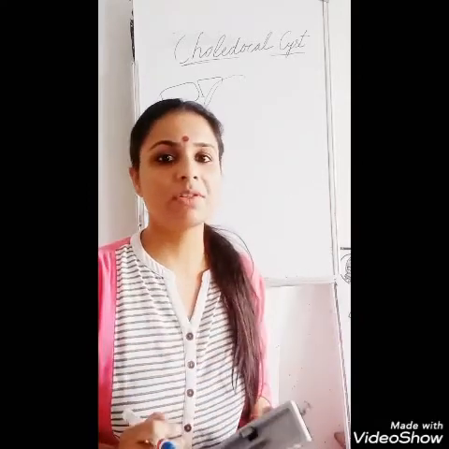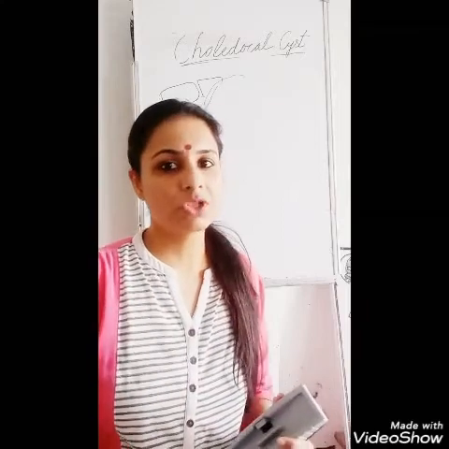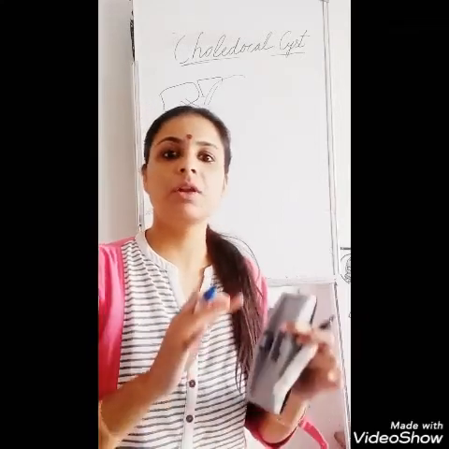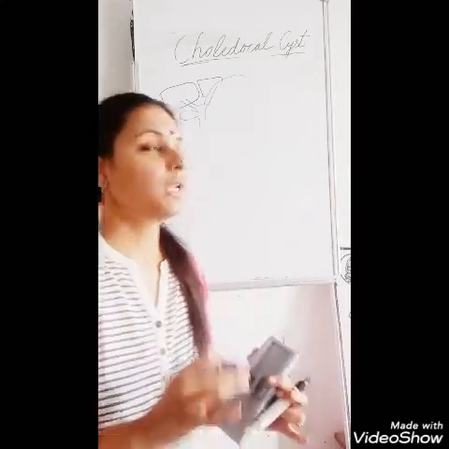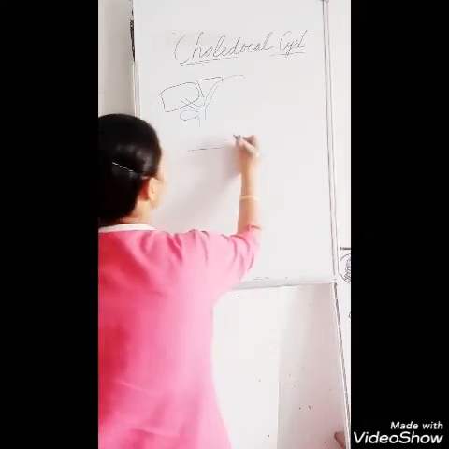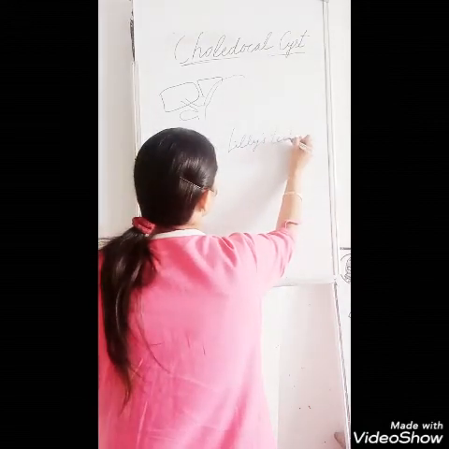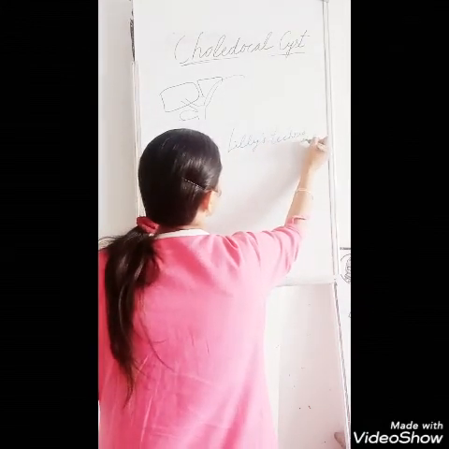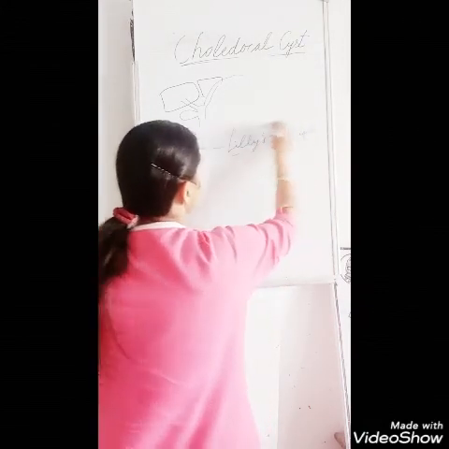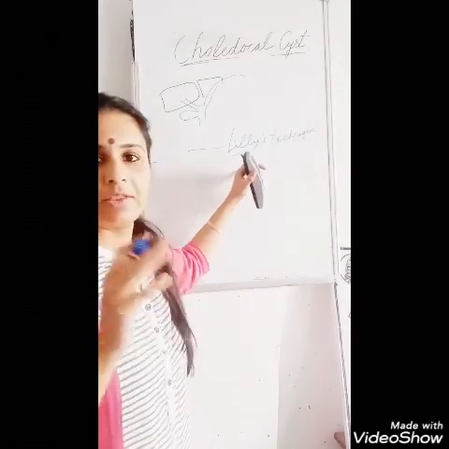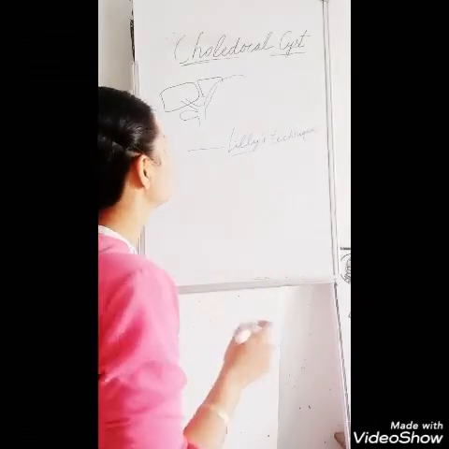The operation is risky. So we will not touch the posterior wall of the cyst. We will remove the mucosa of the cyst. That technique is known as Lilly's technique, when the posterior wall of the cyst is not touched and the mucosa is removed.